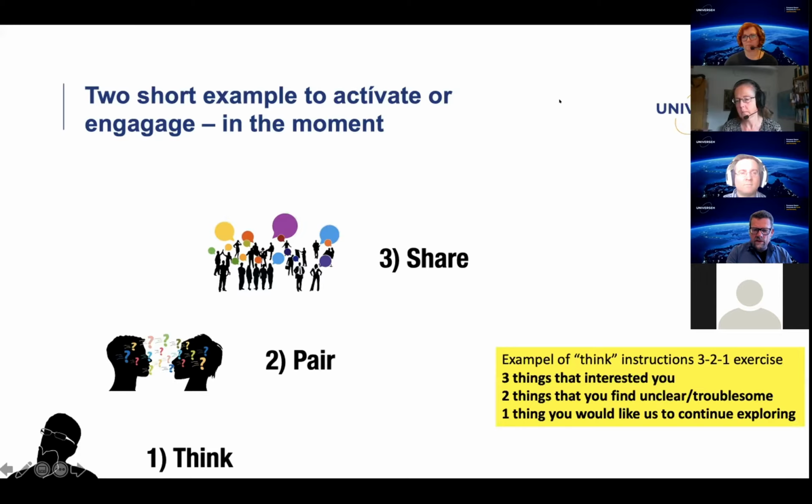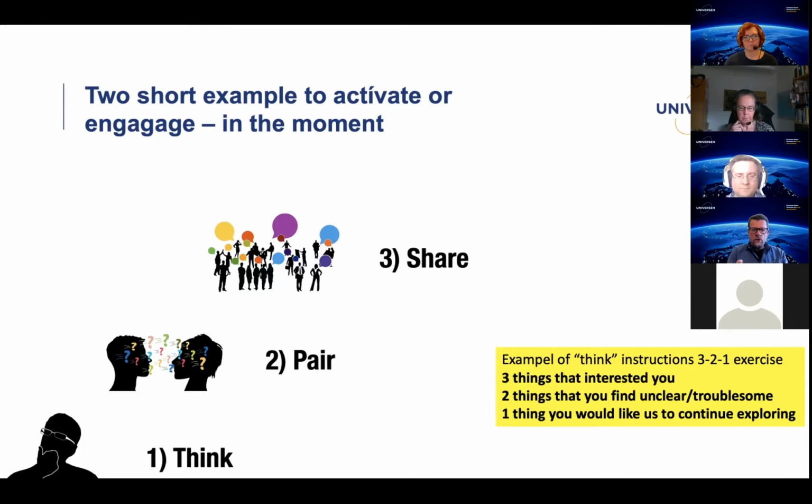As an example of questions that I use, there is this 3-2-1 exercise, where they should think of 3 things that interested them in this presentation or in what they have been exposed to, 2 things that they found unclear or hard to grasp, and 1 thing that they would like us to continue to explore in one way or another.